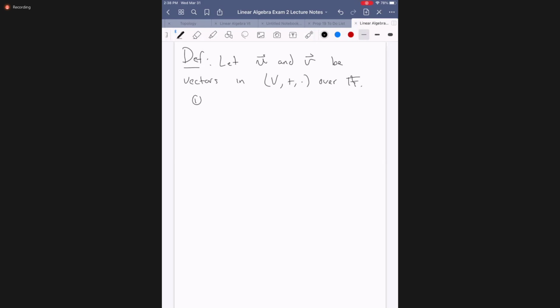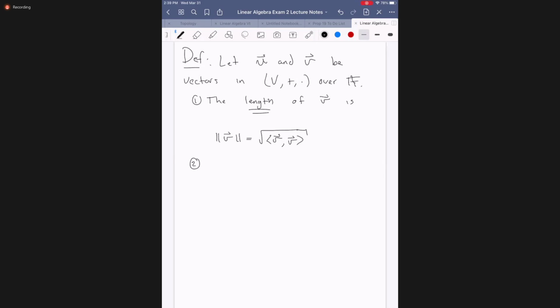One, the length of V is what we call the norm of V, which is given by the square root of the inner product of V with itself. Another important thing is that once you have an inner product on a vector space, you can always induce a norm on it this way.